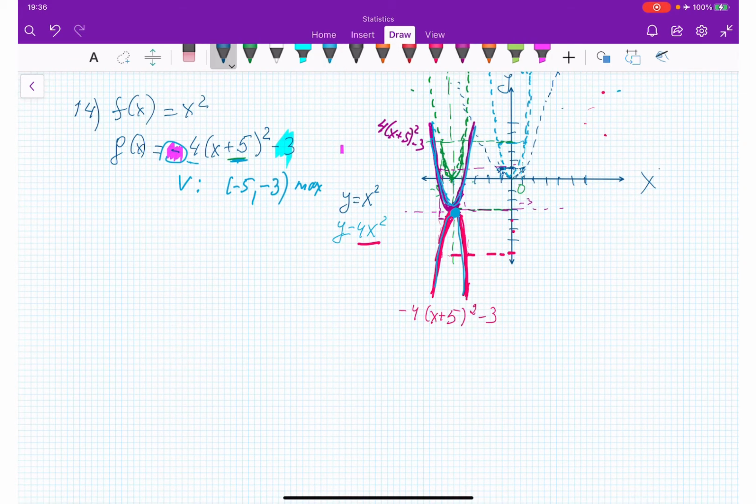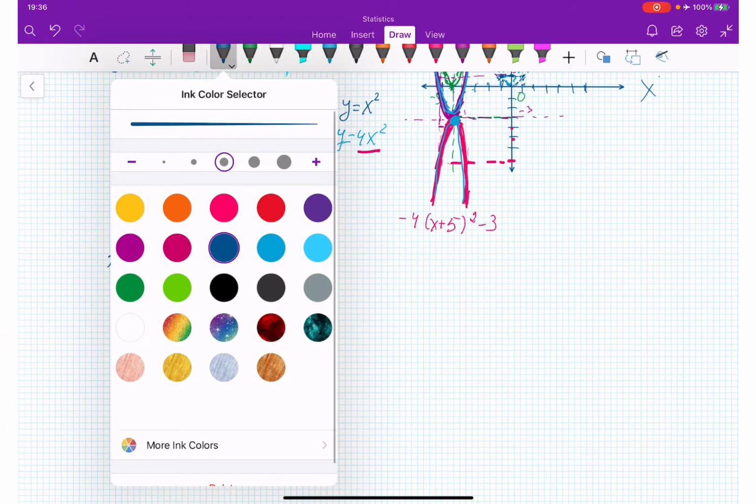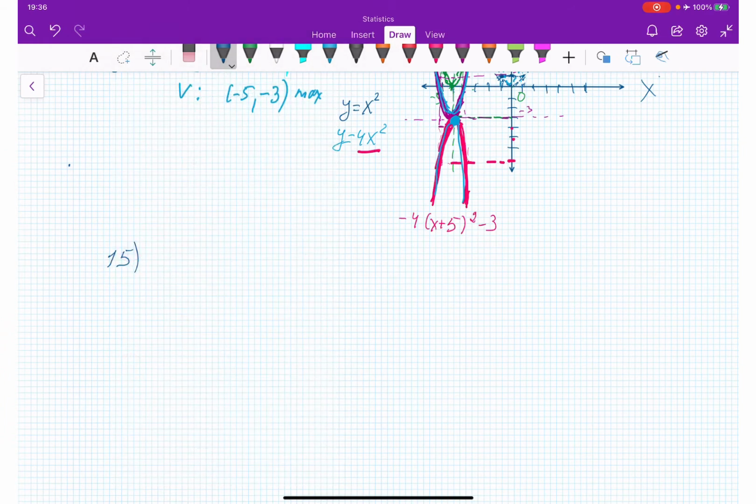What do we have? Question number 15. We need to build the graph based on the given f of x is equal absolute value of x.